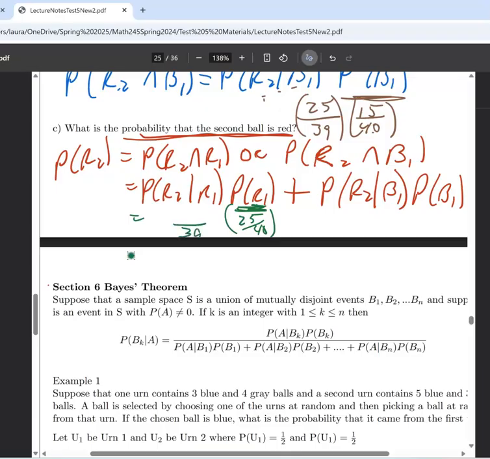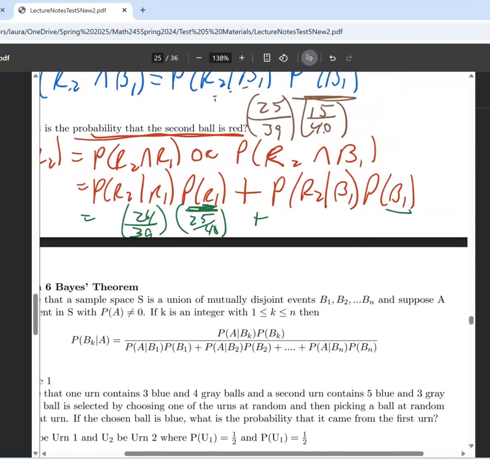So I've got 39 and 24 here. Let's do this one. So probability that the first ball is blue. Oh yeah, that's 15 out of 40. And then again, I haven't put that ball back. So that's a 39 and with a 25 on the top. And that's the answer.